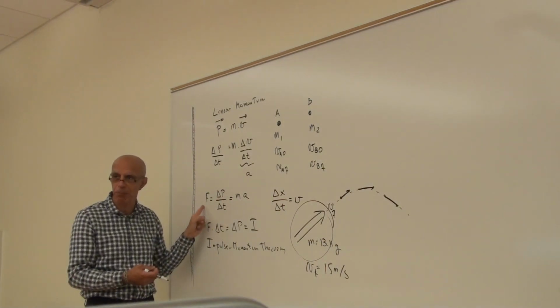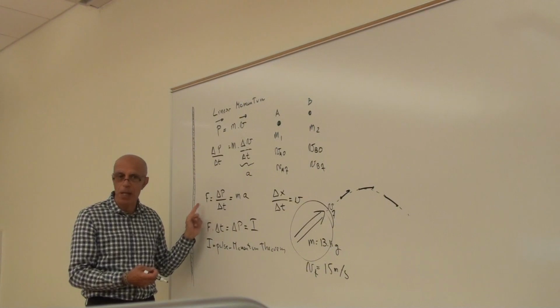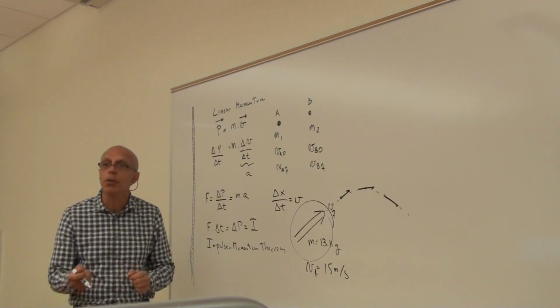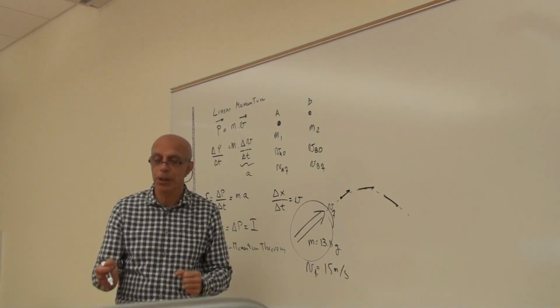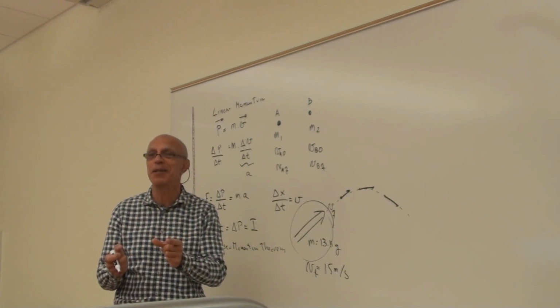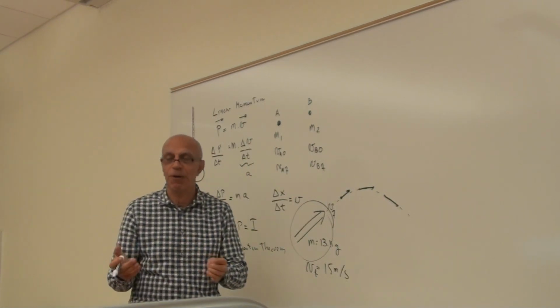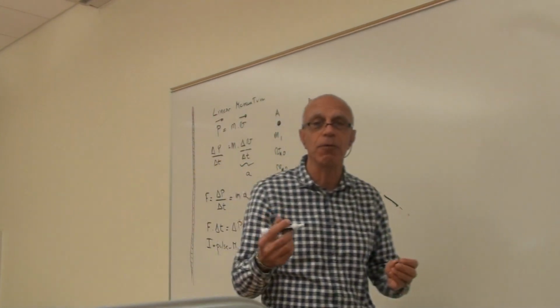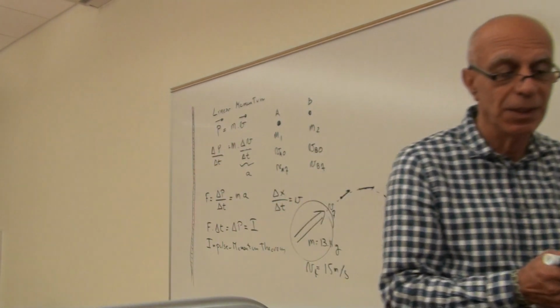So I can estimate the force. Now, how long do you think the step on the bottle was? Because that's the delta T. A fraction of a second. Yes, but can you come up with some figure?